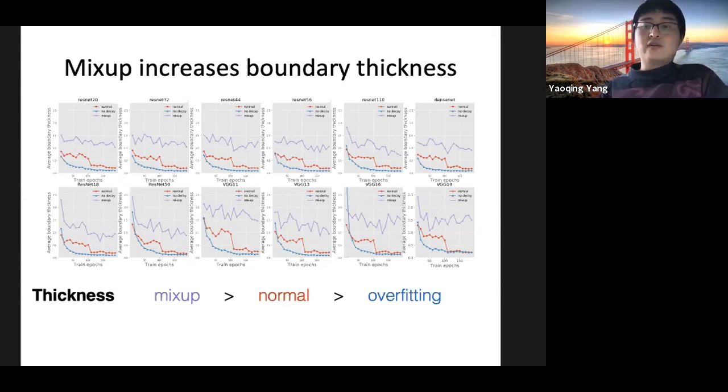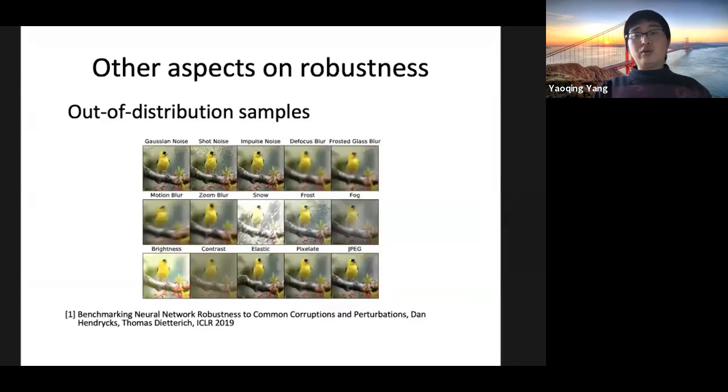That is sort of artificially generating some overfitting in the training by not using any regularization. You can see that for all of these different models, Mixup training achieves the largest thickness, while when the network is overfitting, the thickness goes down.